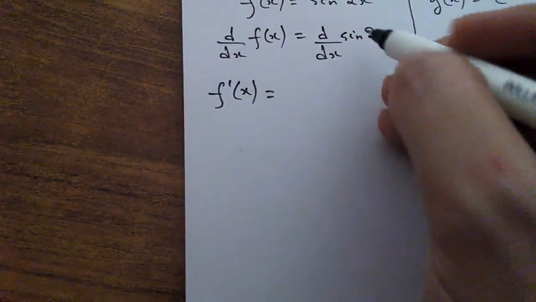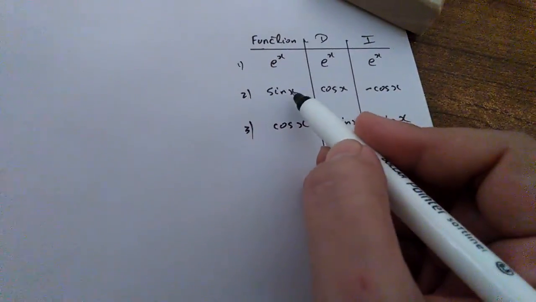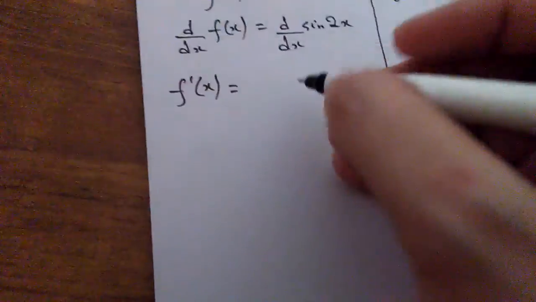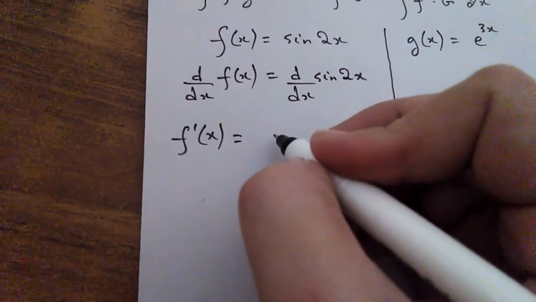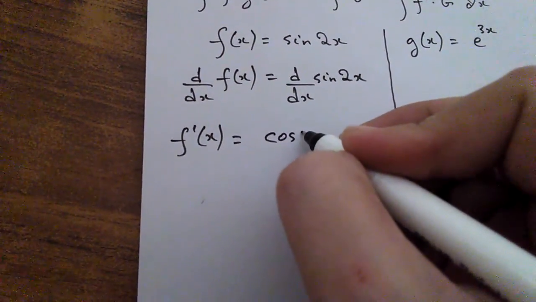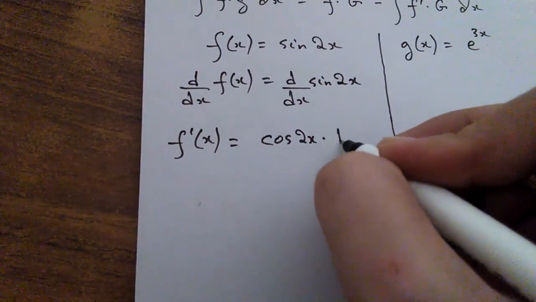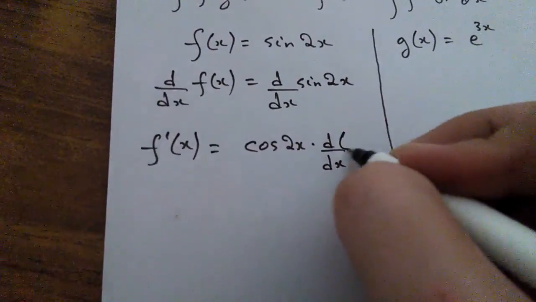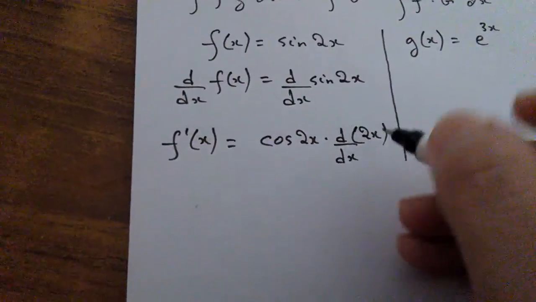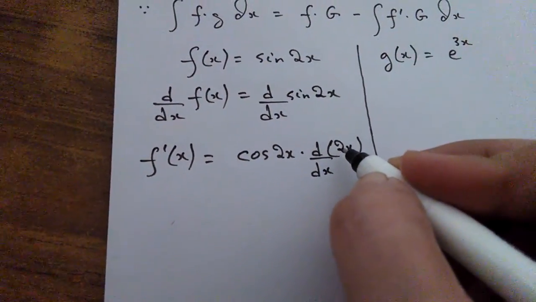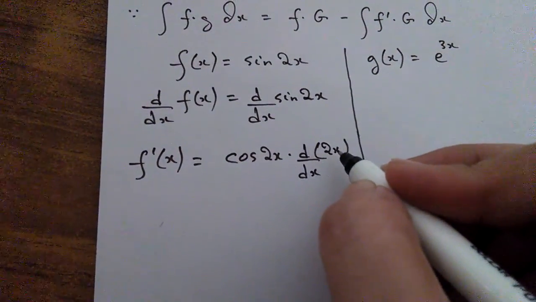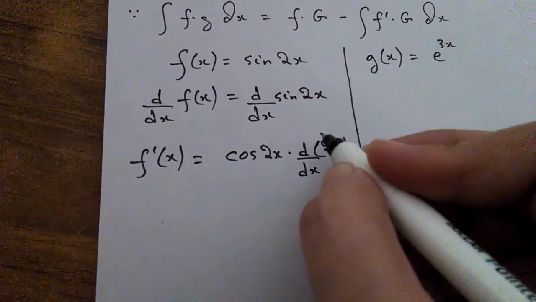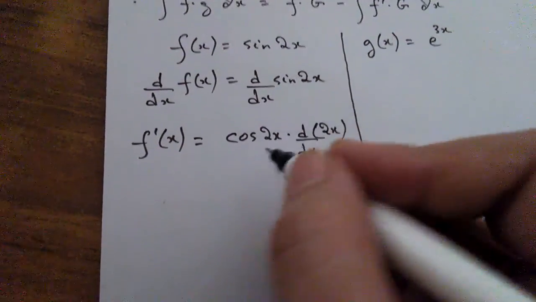Before performing the chain rule, just do it directly: the derivative of sine is cosine. So the derivative of sine 2x is going to be cosine of 2x, and then you apply the chain rule at the angle. This is a constant number, the coefficient of x, and you take it out while performing the derivative.